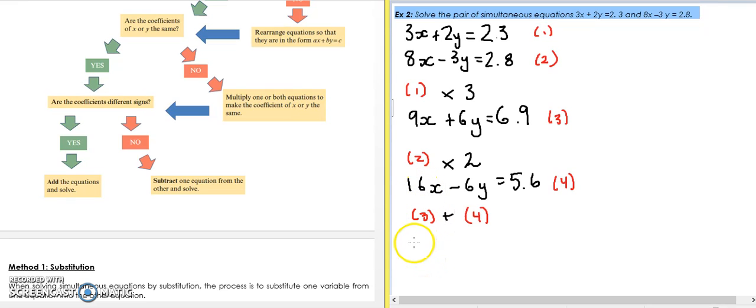We're going to be left with a 25x plus 6y plus minus 6y. Well, that's the elimination process, so these two technically disappear and turn into a 0, so I'm not going to write plus 0, I'm just going to leave it as is. And 6.9 plus 5.6 will give us 12.5.